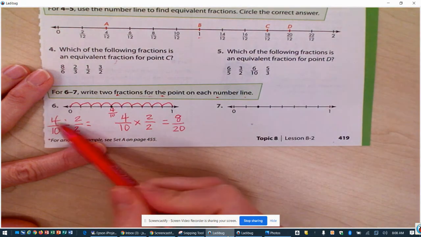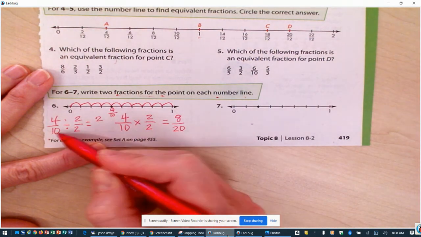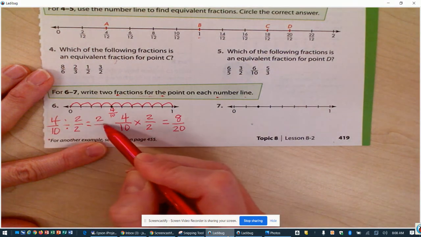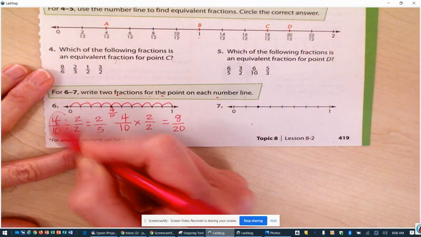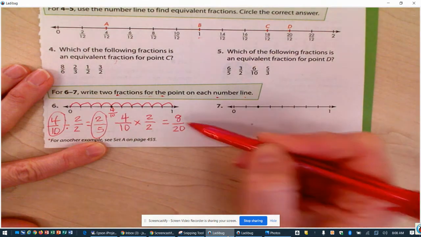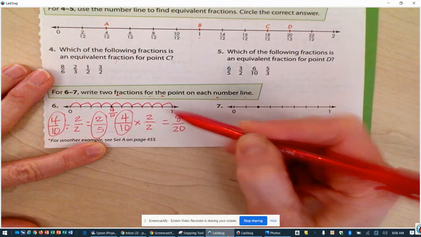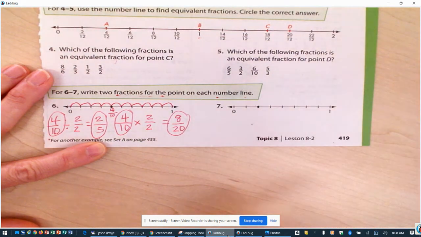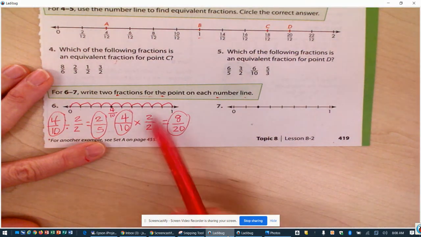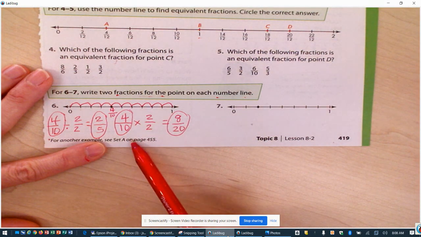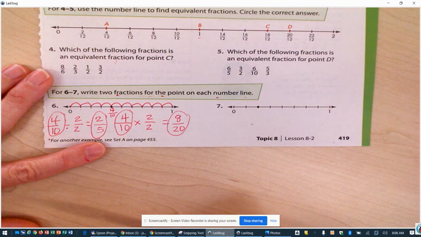If I divide 4 in half, I get 2. If I divide 10 in half, I get 5. So 4/10 is equivalent to 2/5, and 4/10 is also equivalent to 8/20. So you can find equivalent fractions using this number line, but you can also use multiplication and division, which we'll practice more, but I find it easier to do it that way, okay?